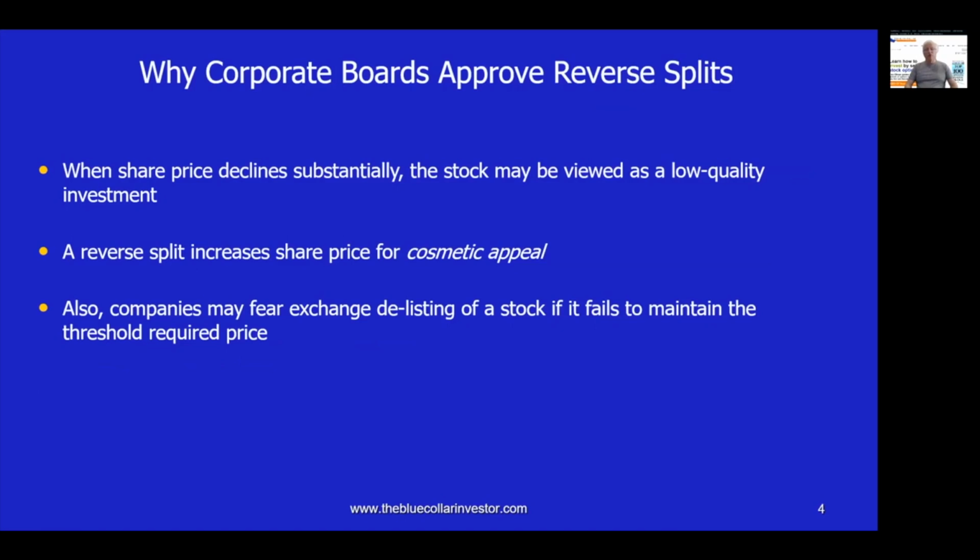It doesn't actually change at all the total value of the shares. So companies may also fear exchange delisting, because many of the major exchanges will have a certain minimum price requirement for those securities, and they don't want to be delisted, which will also impact how investors view that particular stock or exchange traded fund. So in essence, it's a cosmetic change.